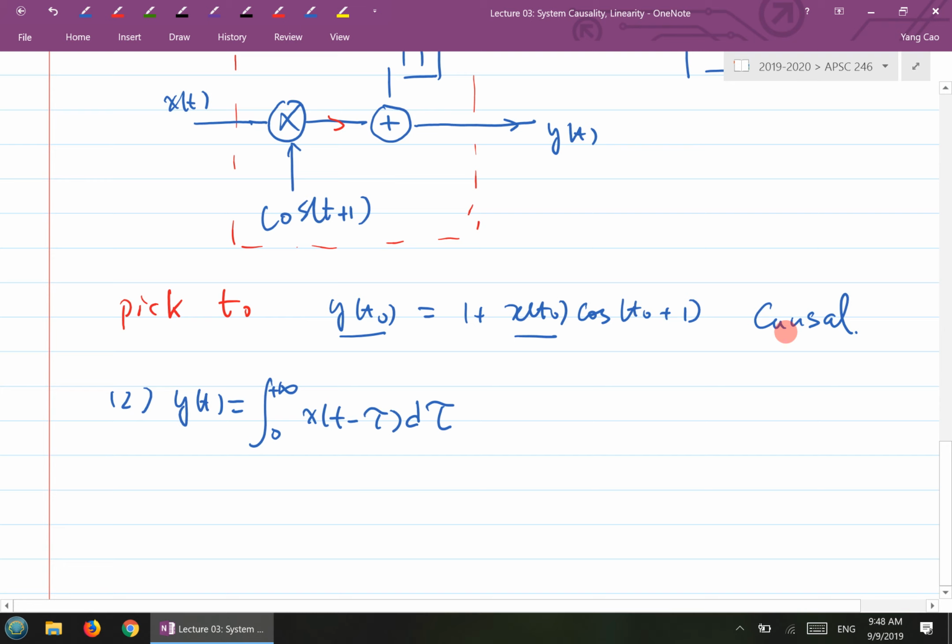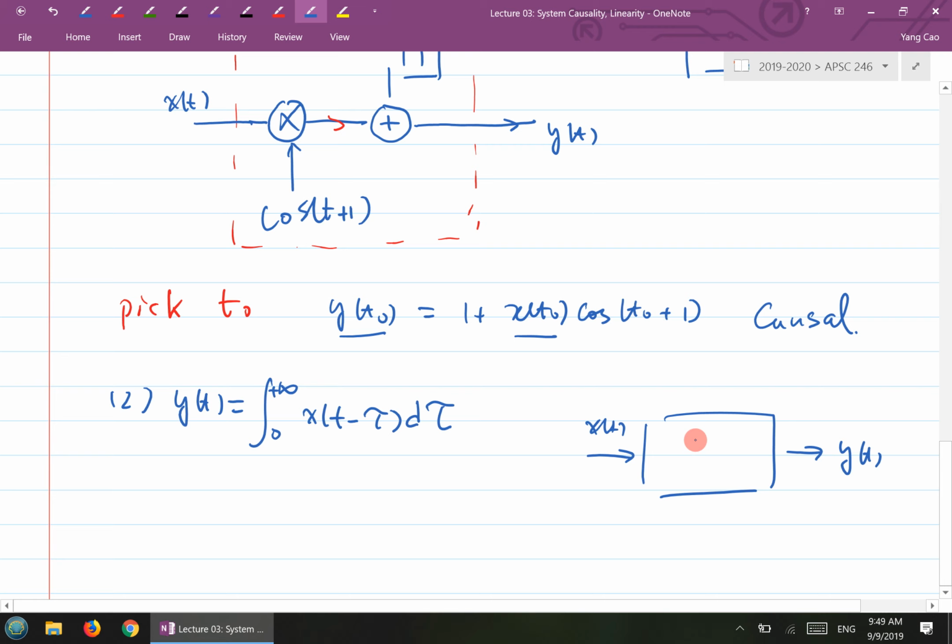Now this one is a little bit different. Okay, it could be confusing. Here is your input x of t, and here is your output y of t. Inside is the system.